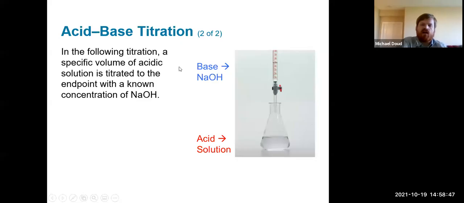Note here that if you have an acid solution of unknown concentration, then you can add a base solution of known concentration. And based on when this hits the endpoint, in other words, when all of the acid is used up, then you can determine the moles of acid that were in the solution and then the molarity of the acid as long as you measured a good volume.